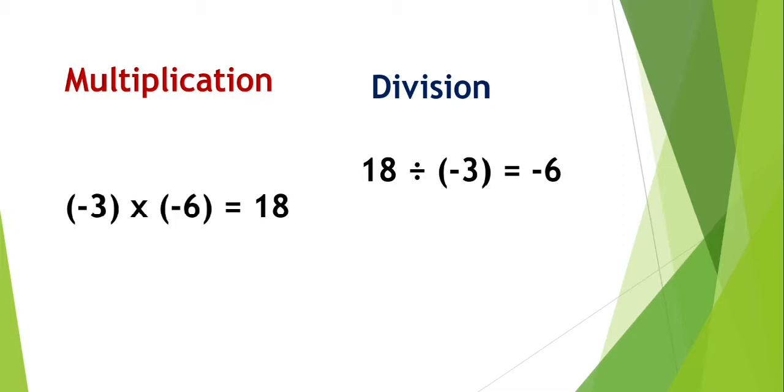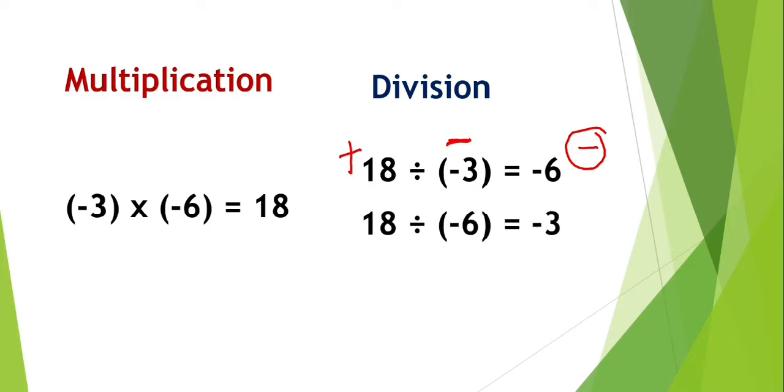So observe: here 18 is a positive integer and minus 3 is negative. When we divide a positive integer by a negative integer, the result is a negative integer. Similarly, 18 divided by minus 6 is equal to minus 3. So here also, a positive integer divided by a negative integer gives a negative integer.